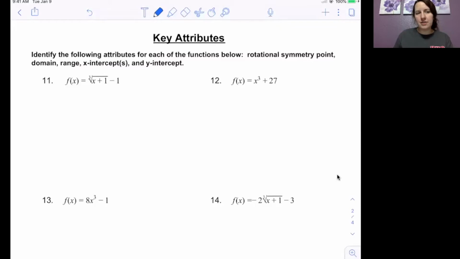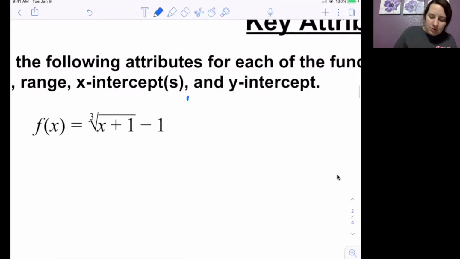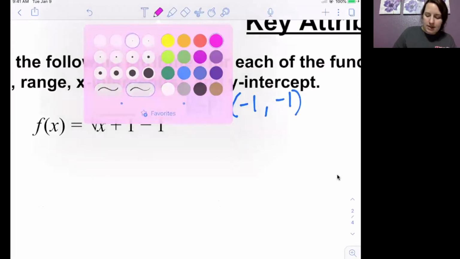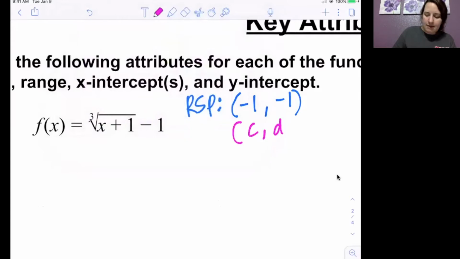So if we were talking transformations, we know that this would shift left 1 unit and down 1 unit, which gives us our rotational symmetry point. So our rotational symmetry point is going to be at -1, -1, which is our C, comma, D value.